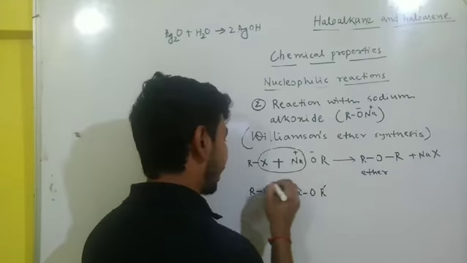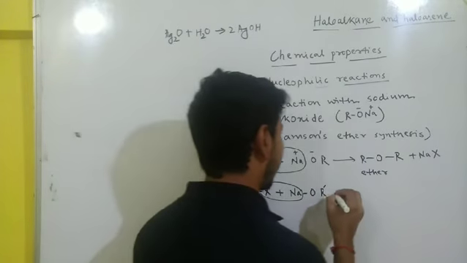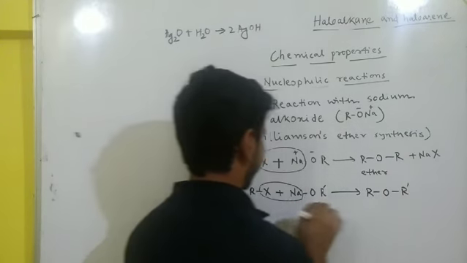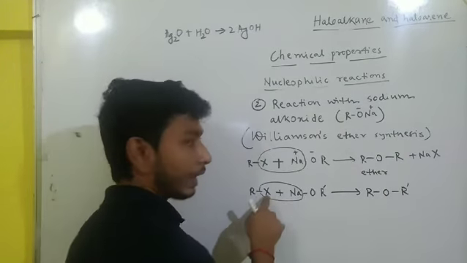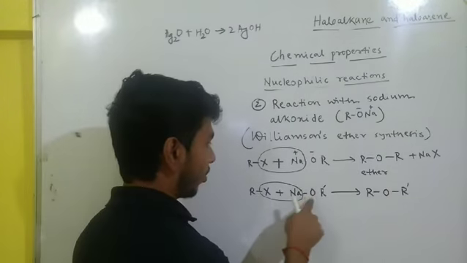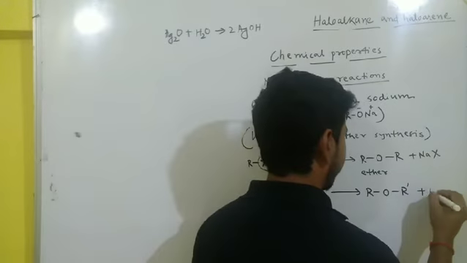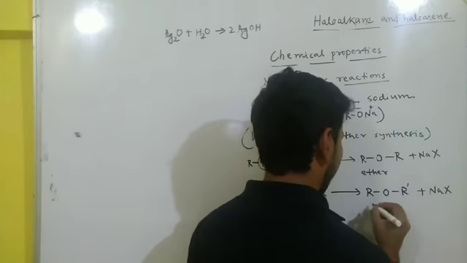The product is similar, NaX is eliminated, and we get ROR' plus NaX. It is also an ether.